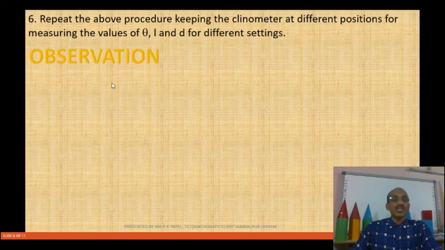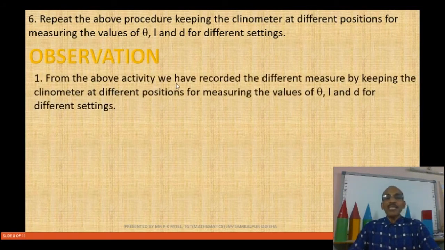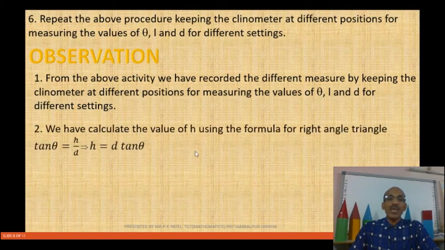Then observation. From the above activity, we have recorded the different measures by keeping the clinometer at different positions for measuring the value of theta, L and D for different settings. We calculated the value of h using the formula for a right angle triangle, tan theta equals h by d, because tan theta is the opposite side by the adjacent side.